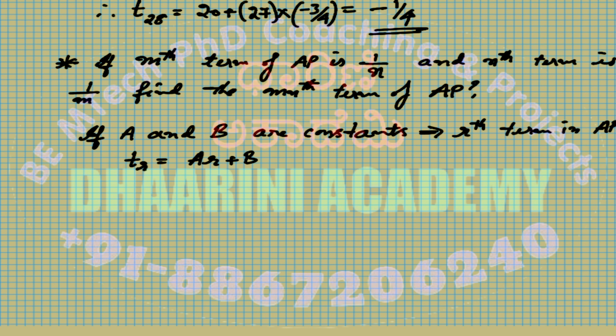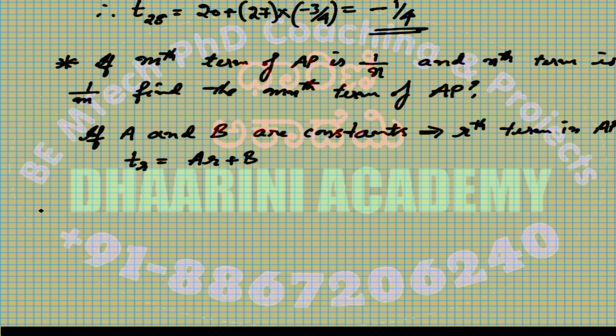I'll tell you another alternative way which makes more sense, but this is also going to work. This is the fastest and easiest one to get the answer. They have given that the mth term is 1 by n. So Tm is equal to A times m plus B, which is equal to 1 by n.